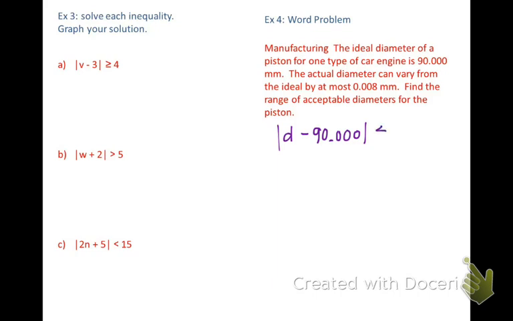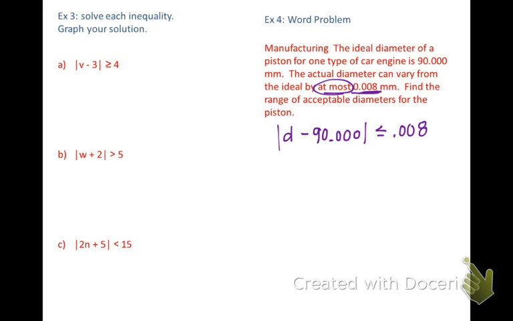So this has to be less than or equal to. That's what at most means. This is the most it could be. So again, we have to find the range.